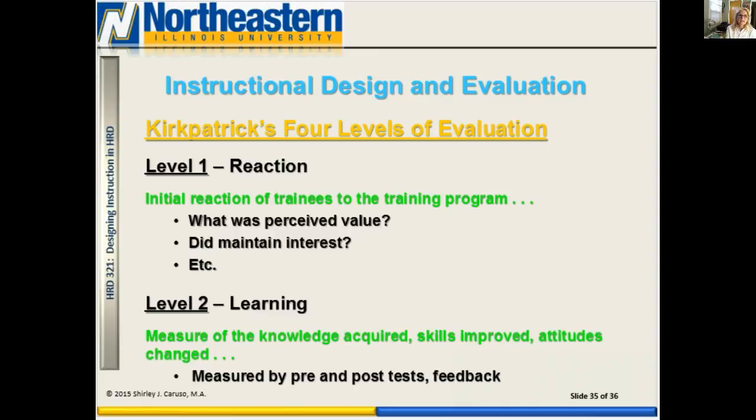Donald Kirkpatrick gave us 4 levels of evaluation. Level 1 is the initial reaction of trainees to the training program. In other words, did they like it? Level 2 measures the knowledge acquired, skills improved, or attitudes changed. In other words, did they learn it?